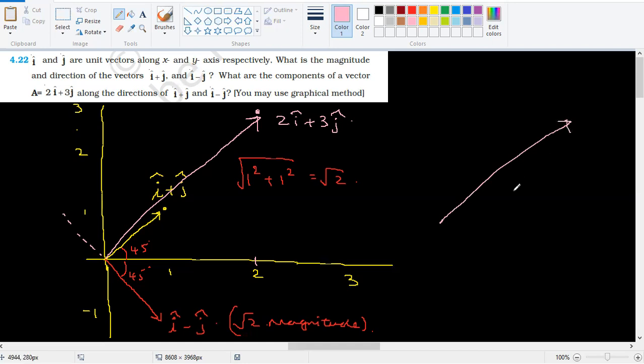If you have a vector like this, you can simply say u cos theta, u sin theta. But now, to confuse you, they have given a line like this, and they are asking to find the component along this line and perpendicular to this line.